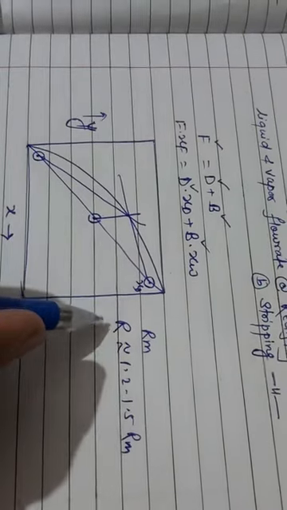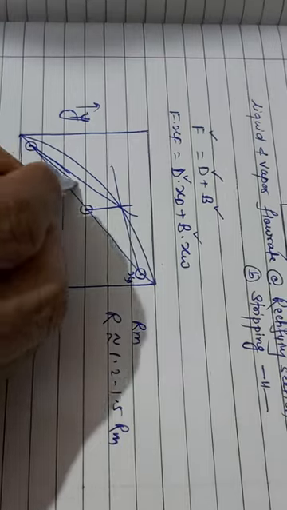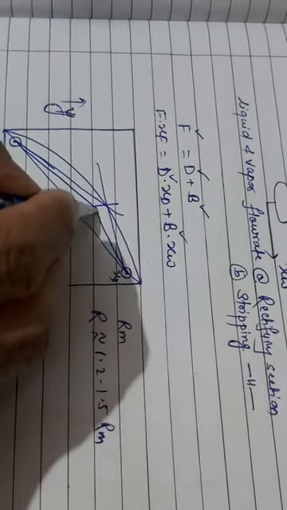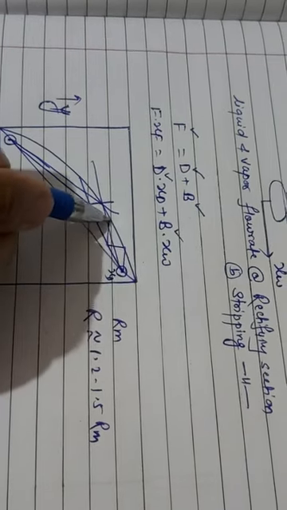Now with the actual R, you find the new operating line, and then you find the number of stages.